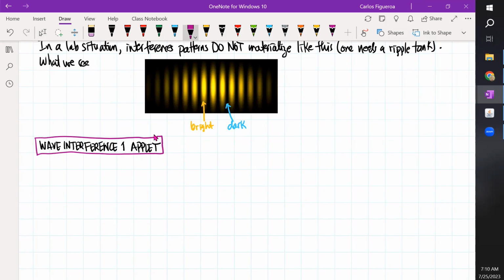So now I'm going to label the structure of the fringe patterns. I'm going to start off with constructive interference. So the first thing I'm going to do is deal with constructive.